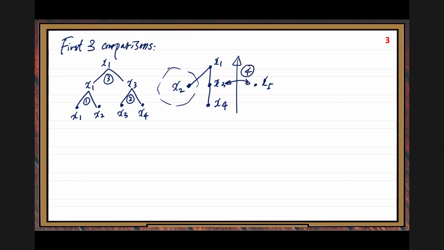After this comparison, there are 2 possibilities, right? X5 greater than X3, or X5 less than X3, and these 2 cases are not symmetric. This time you cannot assume X5 greater than X3, so you need to discuss both cases. Only when you have symmetric cases can you pick one of the two, which saves you half of the time.